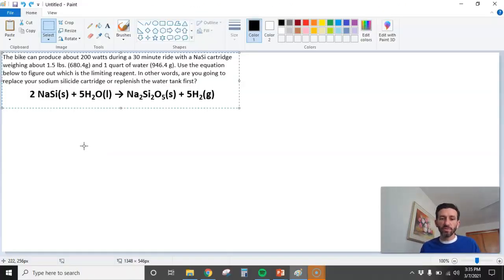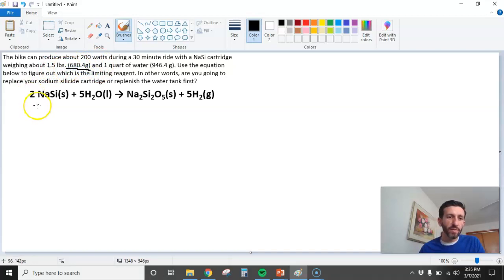Now, as we work through this, the thing to note is that we have two knowns. We have 680.4 grams of that and 946 grams of this, which is water. So with our mole train, this is grams of A. This is also grams of A. We have no idea what unknown we're looking for.